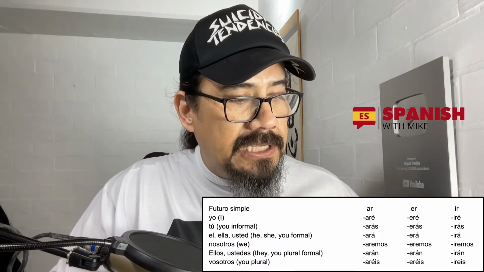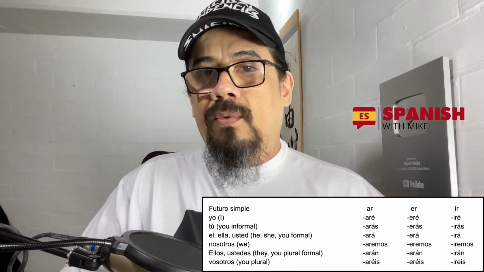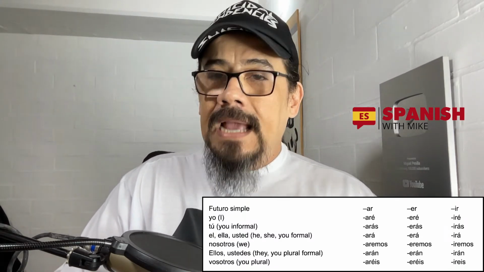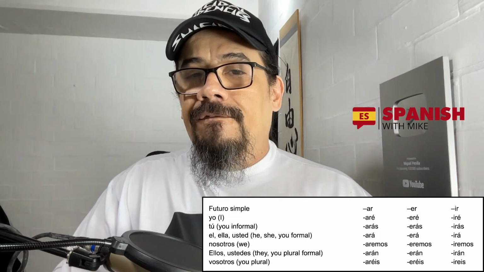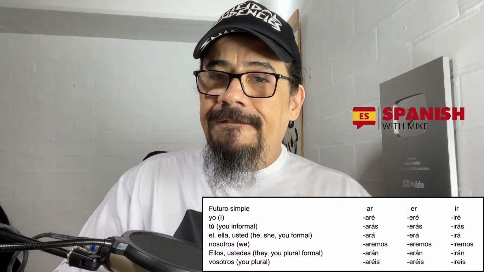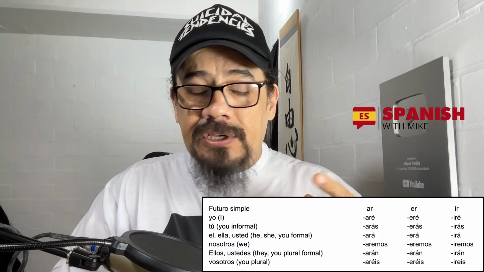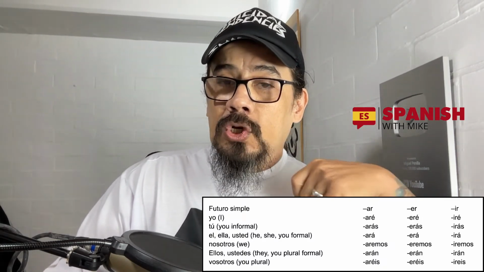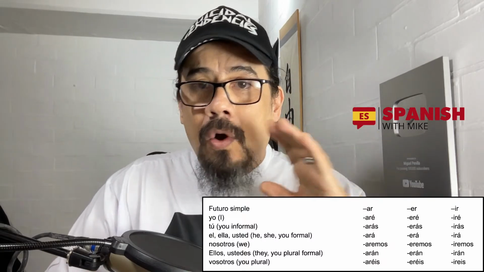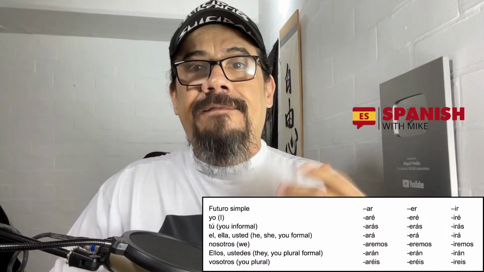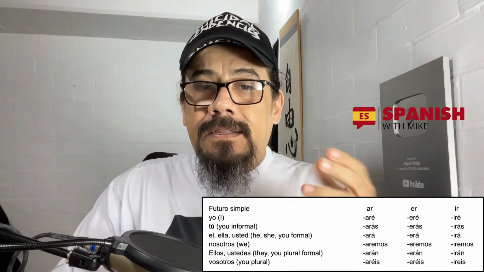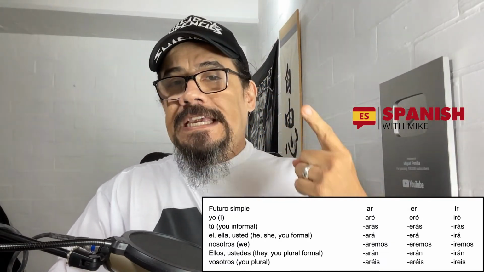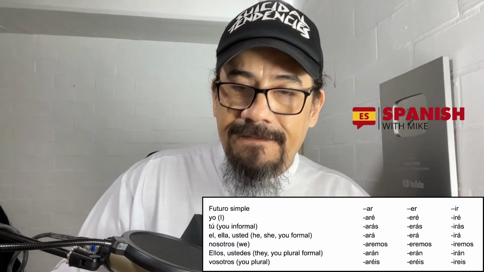Remember, in Spanish, we have regular verbs and irregular verbs. Anyhow, verbs in their infinitive form in Spanish end in ar, er, ir. Let's say, to play, jugar, infinitive form. To eat, comer, infinitive form. To live, vivir, infinitive form.